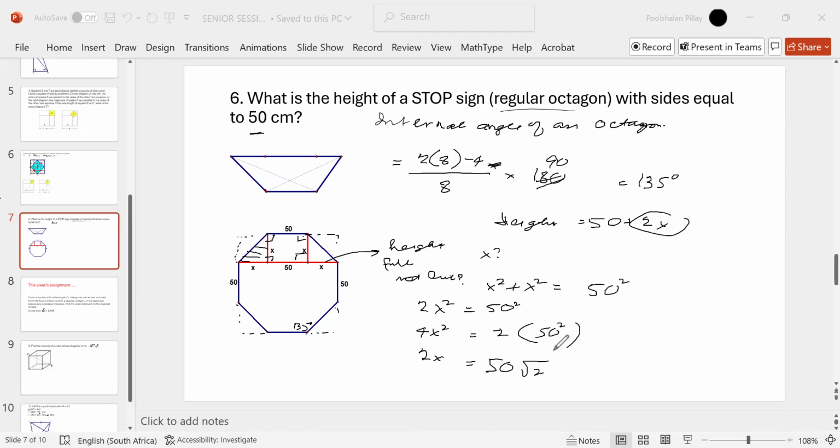See, the square root of 50 squared is 50, and the square root of 2 is root 2. You can't do anything with that. So it's a nice trick. If you're looking for 2x and you've got x squared, you know that if you square 2x, you're going to get 4x squared. I got 2x squared here, so double it, and then you can come back to your 2x quickly. So this gives you 50 plus 50 root 2. So that's the height of this regular octagon.